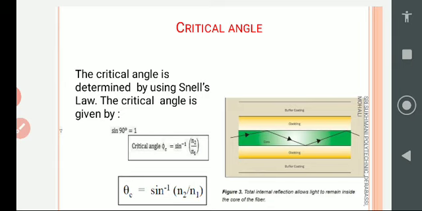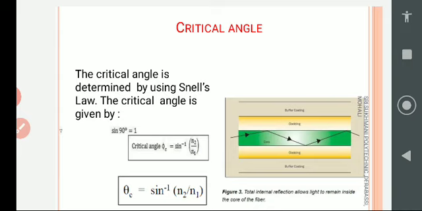So what is the critical angle? The critical angle is basically the angle of incidence that causes the refracted ray to travel along the interface between the two media. The critical angle is given by the formula theta c equals sine inverse of n2 by n1, where n2 is the refractive index of the clad and n1 is the refractive index of the core.